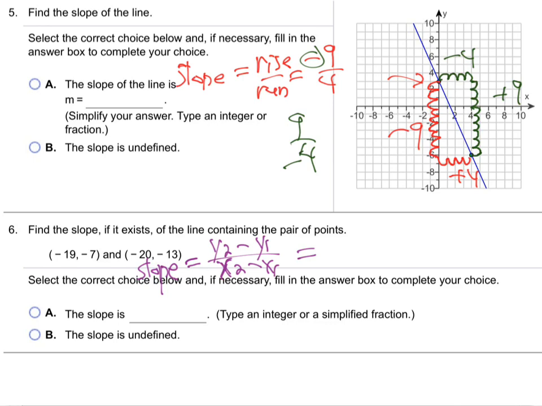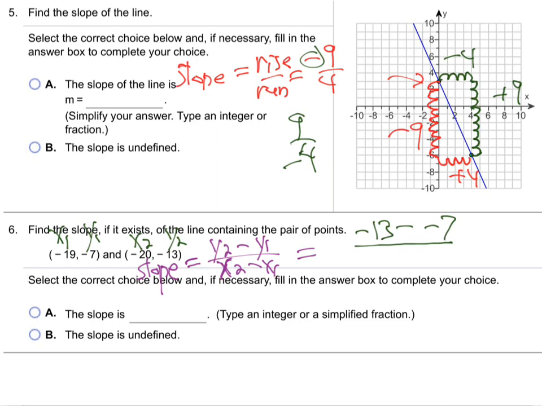So now what's the x1, x2, all that stuff? This is x1, y1, x2, y2. So we're doing y2 minus y1, so minus 13 minus 7.